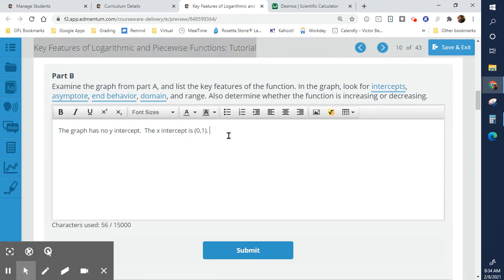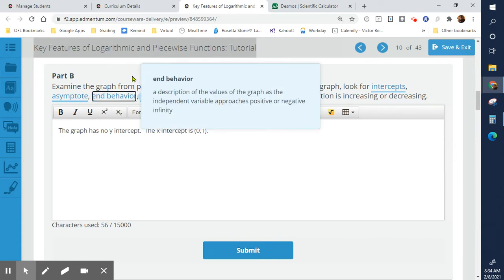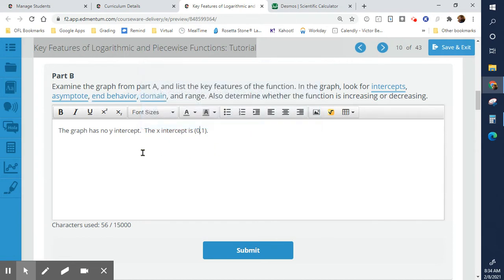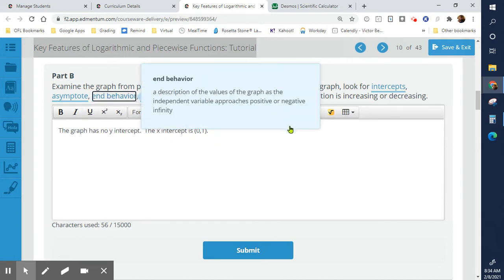For this tutorial, I'm just going to refer to end behavior as what happens as x approaches positive and negative infinity. When x approaches negative infinity, it's talking about as we go to the left. When x approaches positive infinity, it's talking about going to the right.